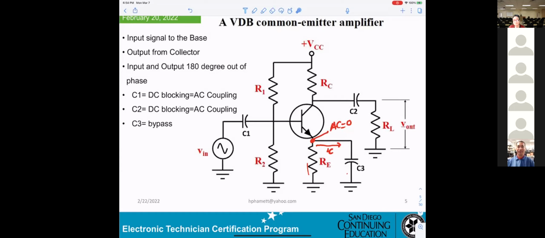For better amplification, the gain will increase. That means they want the gain bigger. That's why they bypass. If not, without the bypass, the gain will be lower. That is the purpose. I try to make it clear when you see the picture.